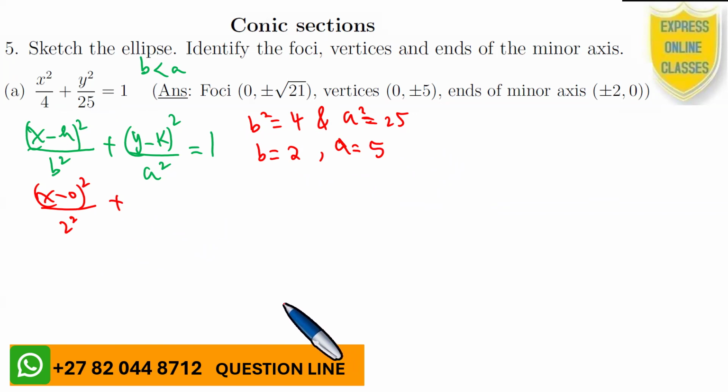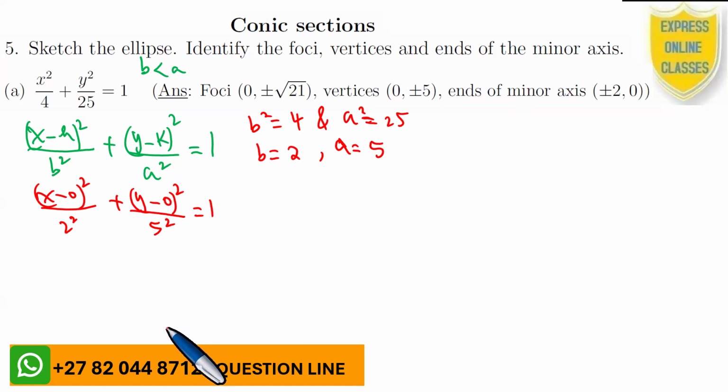Okay. So this is what we are getting. Which means that obviously we're going to have the 2 squared, y minus 0 squared, you divide everything by the biggest one, which is 5 squared, equals 1.